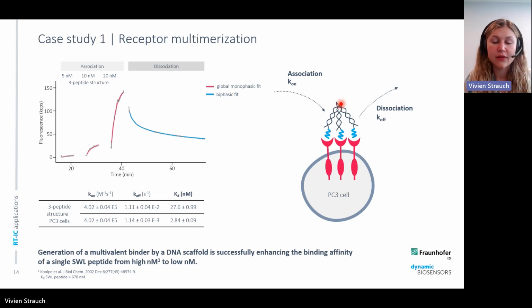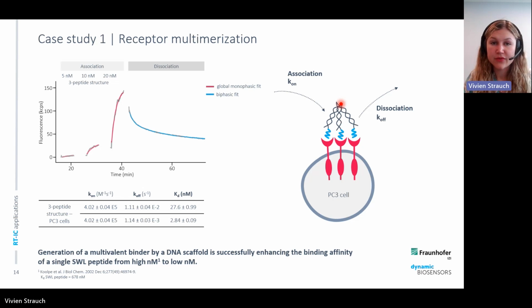Compared to values from literature for the single peptide, the affinity was enhanced from the high nanomolar to the low nanomolar range. And now with the trivalent situation, we have a stronger binding to the receptors, which is probably caused by the dimerization or trimerization of the receptors in this case. So you can see that we could derive the full K on, K off, and KD values from this interaction.